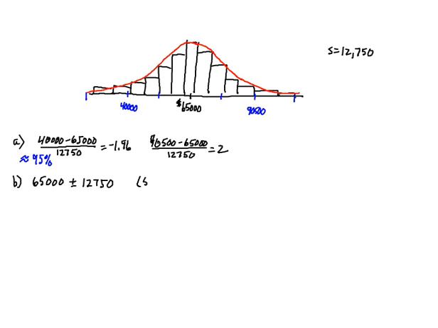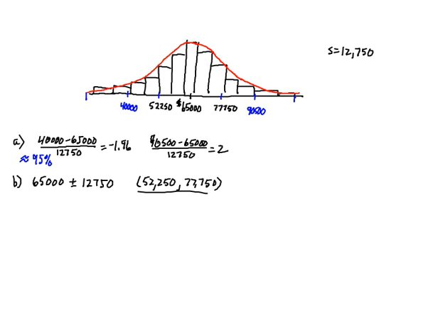And I get an interval of 52,250 all the way up to 77,750. So I can go ahead and put these values in the distribution. I've calculated the 1 standard deviation to the left mark and the 1 standard deviation to the right mark. So the answer is simply that interval.